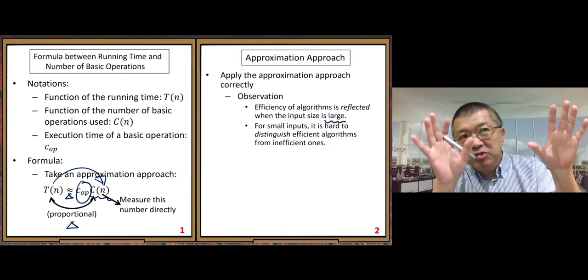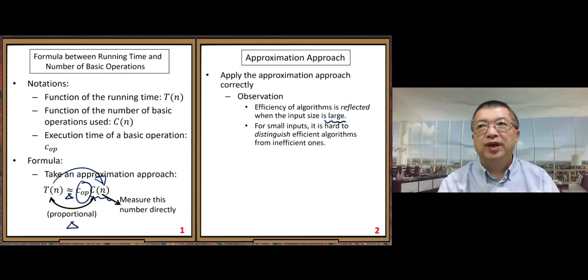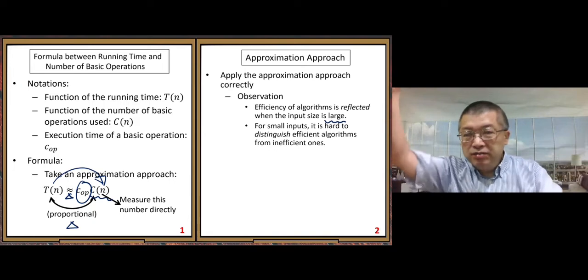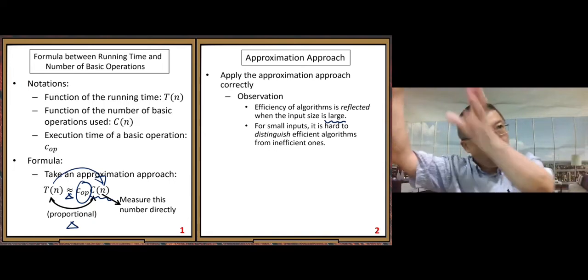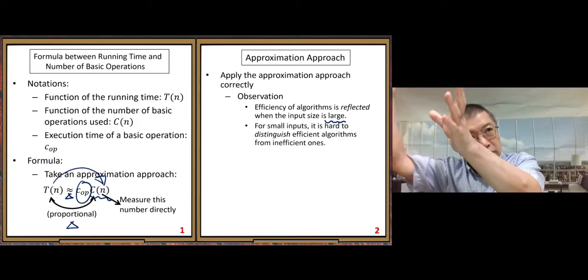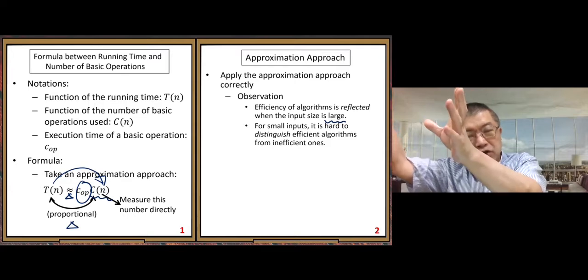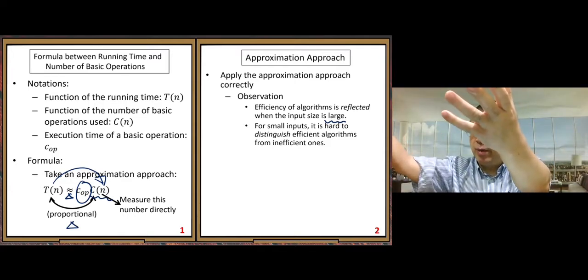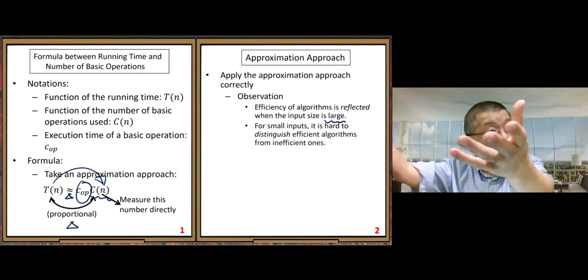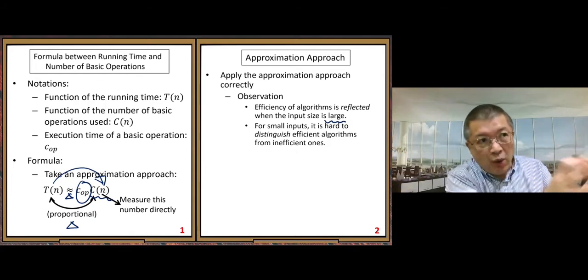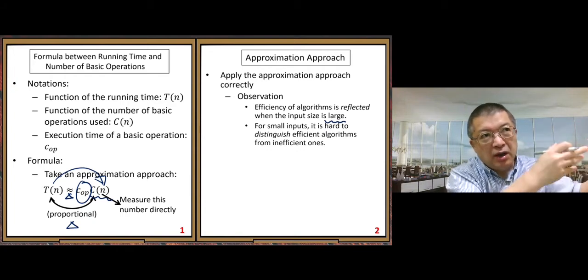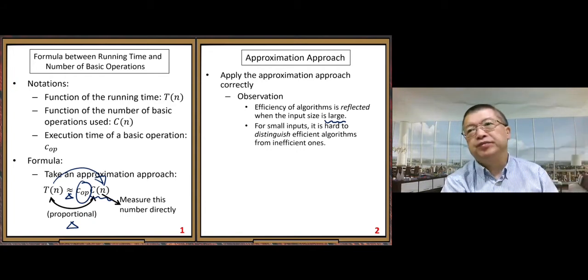Let me explain this part. When we do approximation analysis and the input size is large, we get a very good approximation or estimation. When the input size is relatively small, our estimation will not be very good.